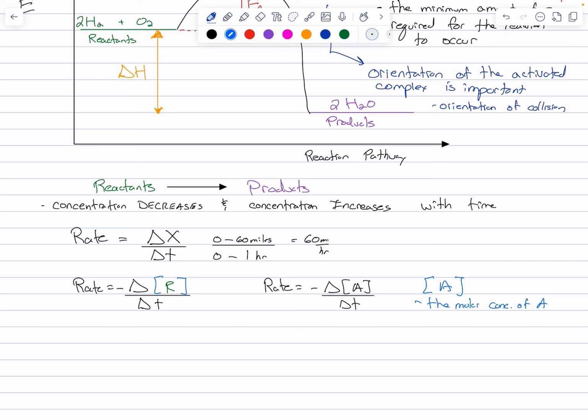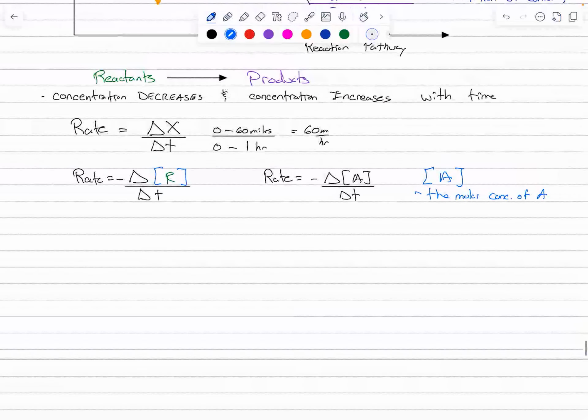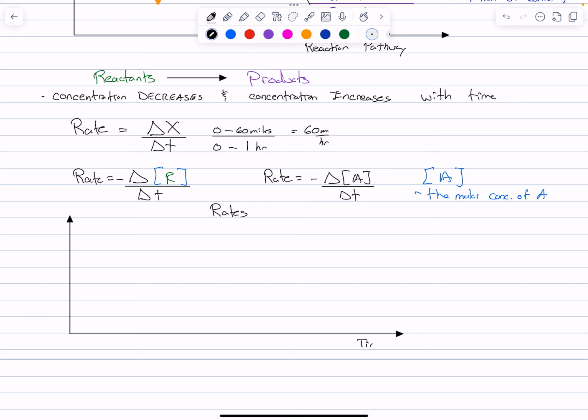So if we do a graph of the rates, we of course would have time here, and our concentration, let's just say concentration of H2, or a reactant.